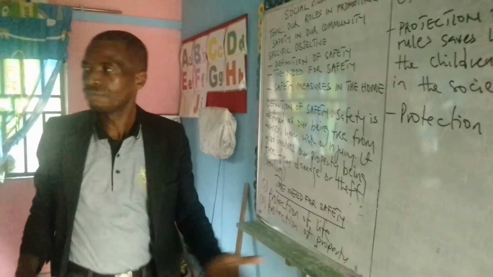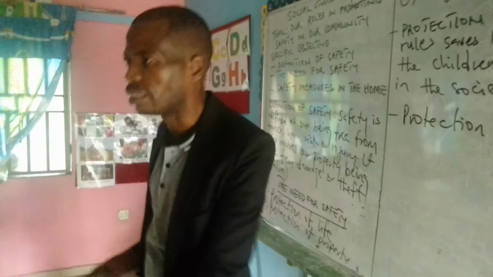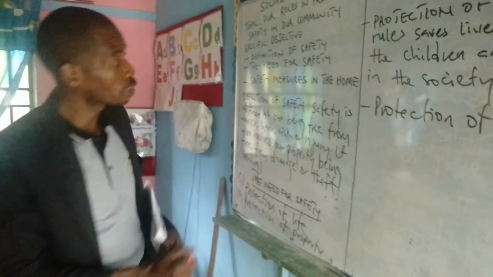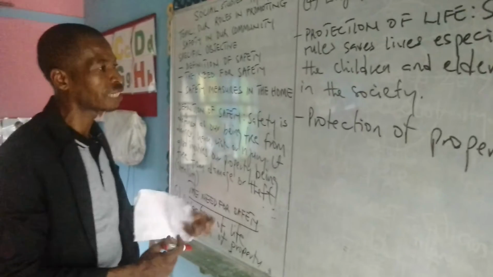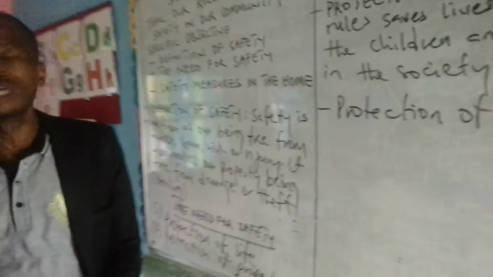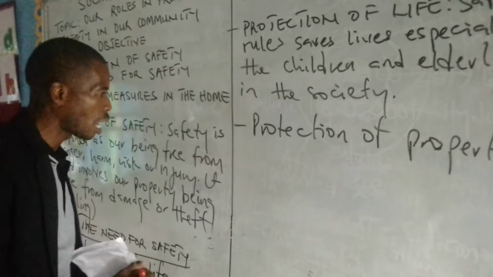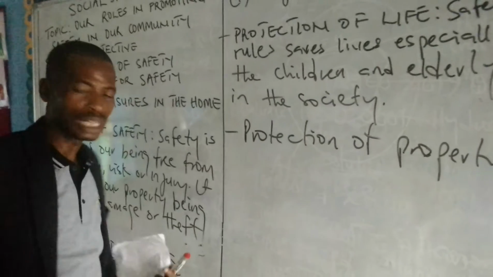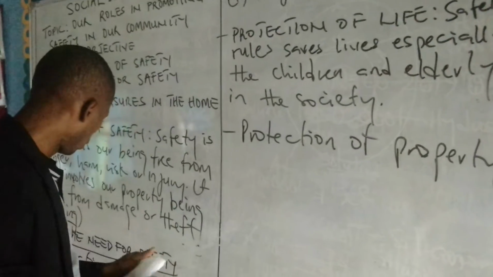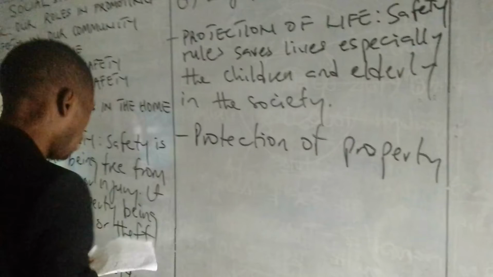You get what I'm saying? That cannot be replaced easily. So it's important that our properties are safeguarded. It is important that we adhere to safety rules to ensure the protection of our properties, especially the valuable ones. Now let me put it here on the board for you.